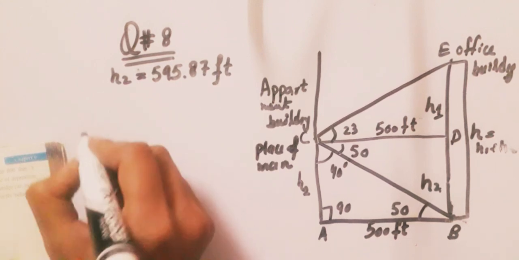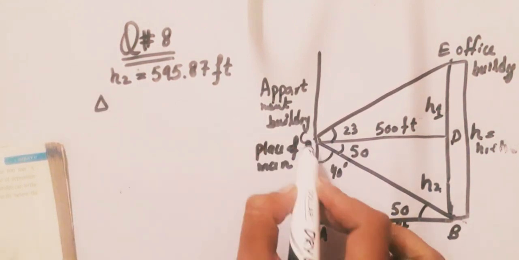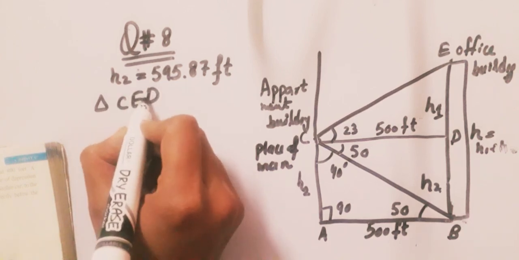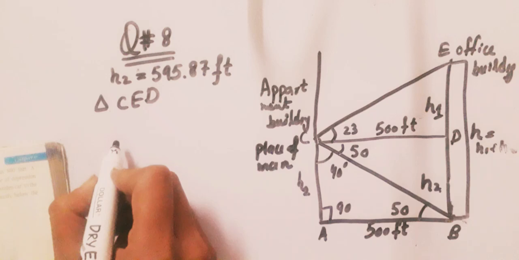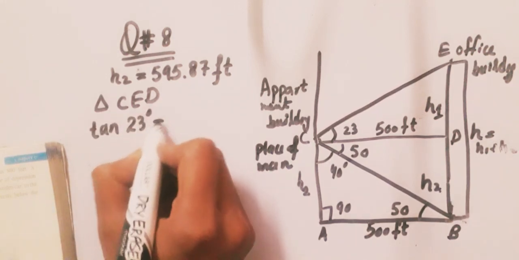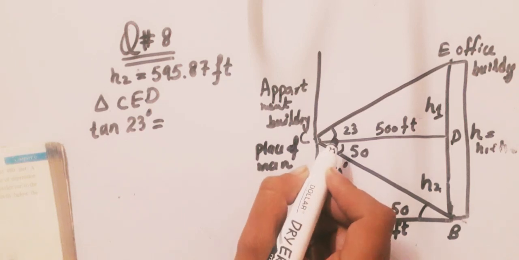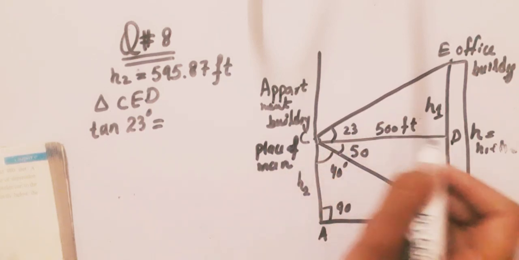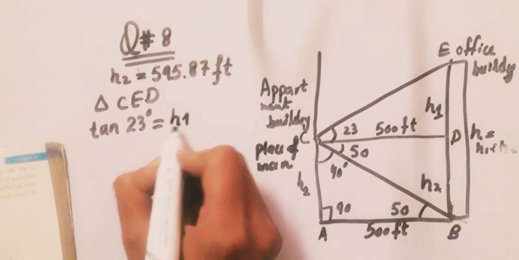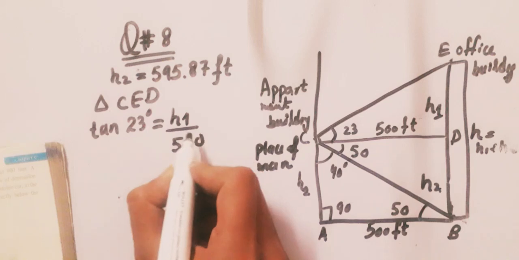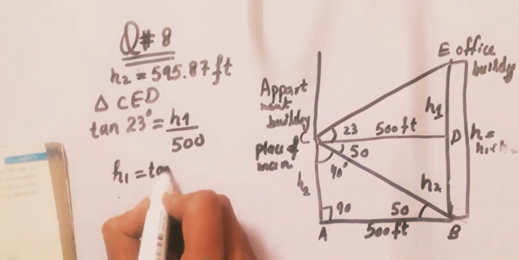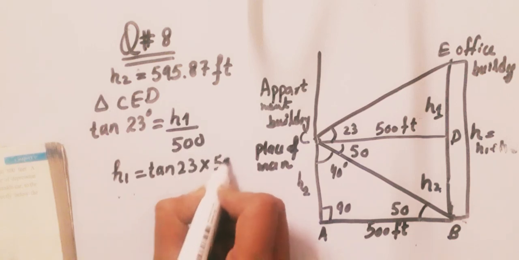Now we will calculate the value of h1 by using this right angle triangle. Now for triangle CED, tan 23 degrees is equal to perpendicular by base, and the perpendicular is h1 and base is 500. So h1 by 500. Now the value of h1 can be calculated by tan 23 multiplied by 500.